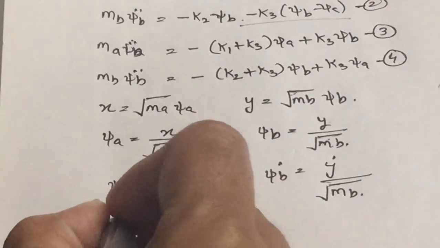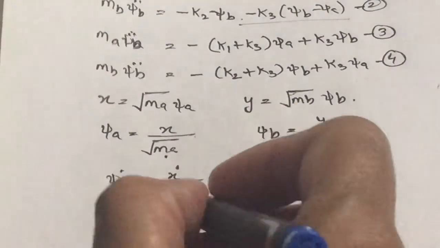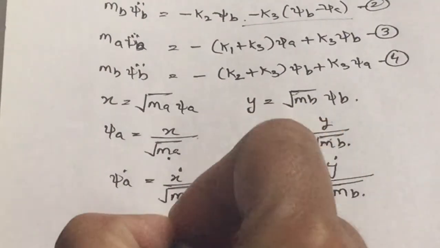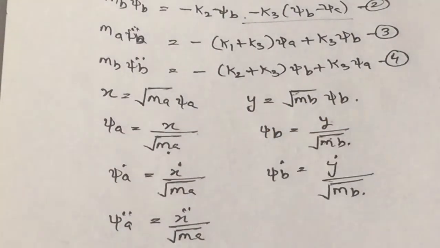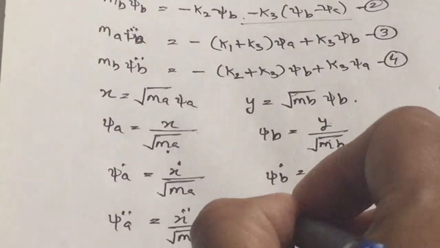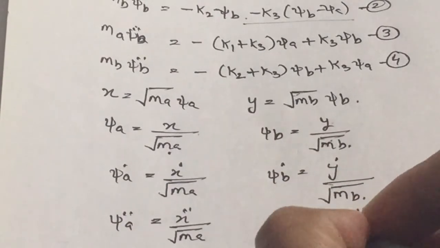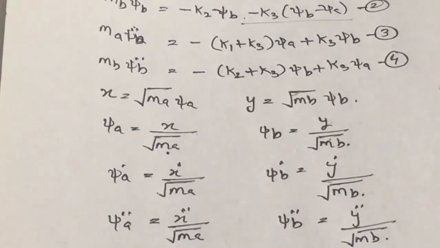We will get psi a double dot, that is the acceleration of the first particle, x double dot upon under root ma, as under root ma is a constant term, so it will not undergo differentiation. Similarly, we will get the value of psi b double dot, that is the acceleration of the second particle.